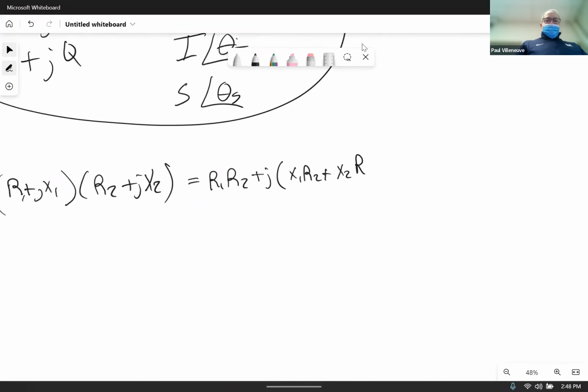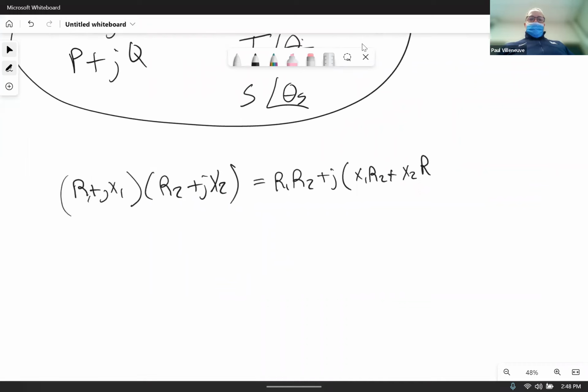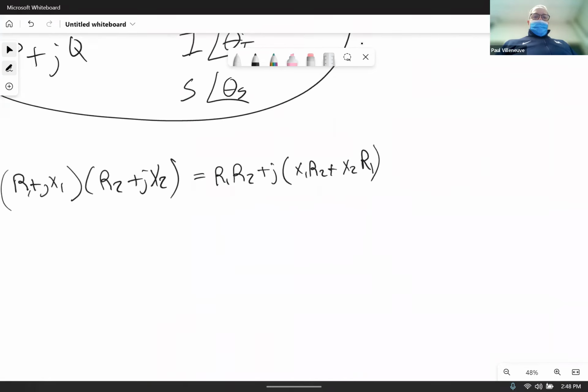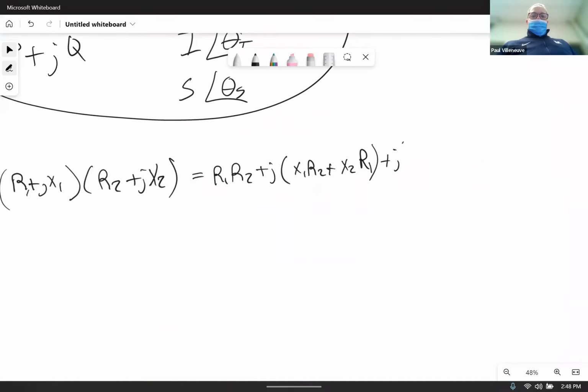Okay, so let's continue. So I have R1, X1 times R2. So now I have to have X2 times R1. And then the last one is plus j squared, X1, X2. What do I do now? Well, remember, j is equal to the square root of -1. j squared is equal to the square root of -1 times the square root of -1, which is equal to -1.